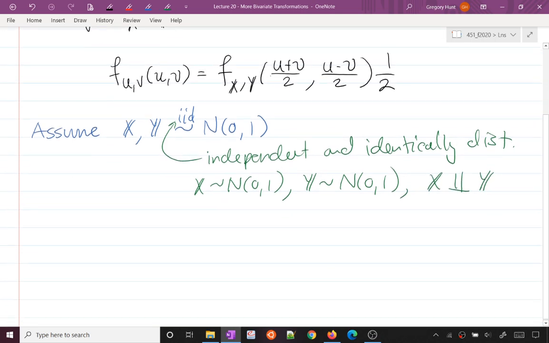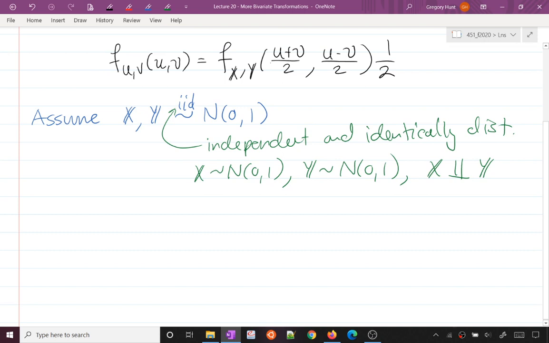This is shorthand notation that we'll use and that is going to be very commonly used throughout probability and statistics. So if X and Y are IID normal 0, 1, then we can look at the joint PDF of X and Y. If they're independent, this is the marginal PDF of X times the marginal PDF of Y. And since they're standard normal, we know what those are.